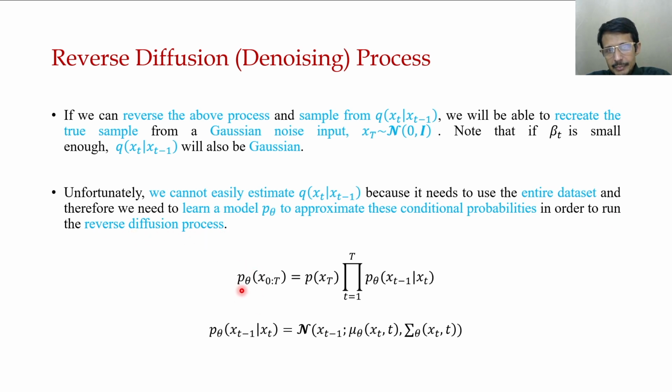So what is this p theta? P theta is p of xt, and then we keep multiplying p theta of xt minus 1 given xt.